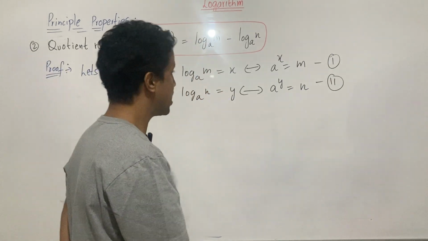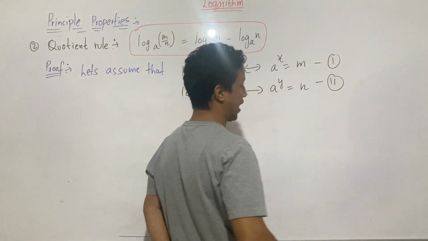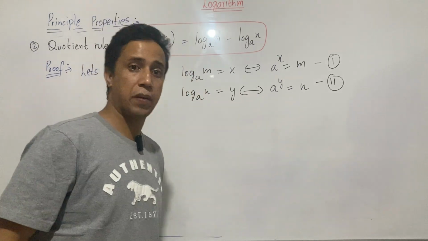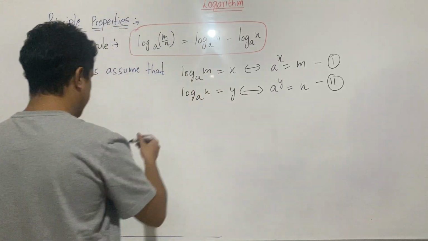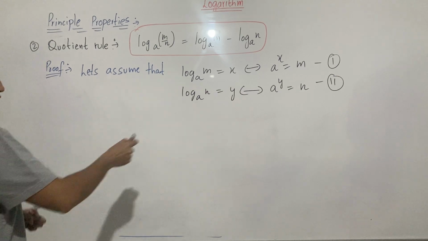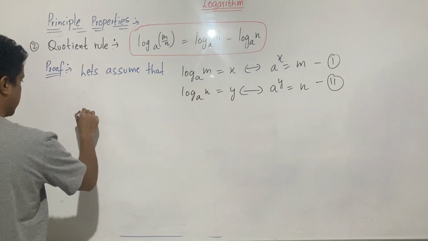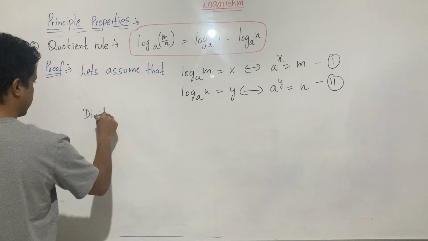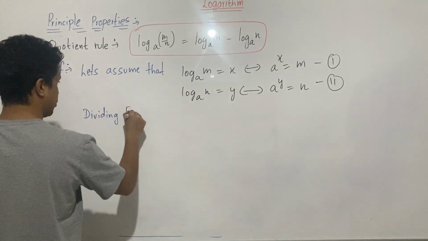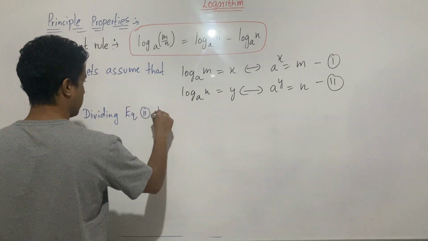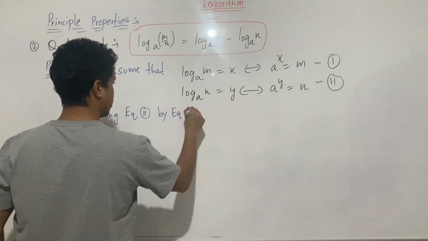And how can we get m by n? If we divide equation 2 by equation 1.